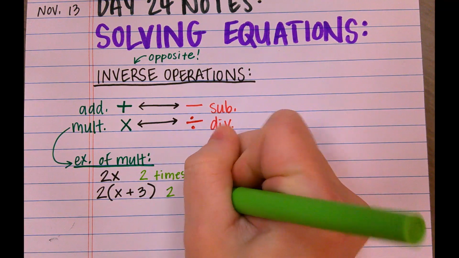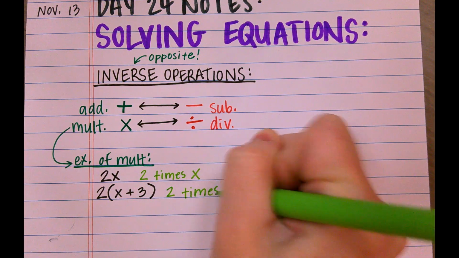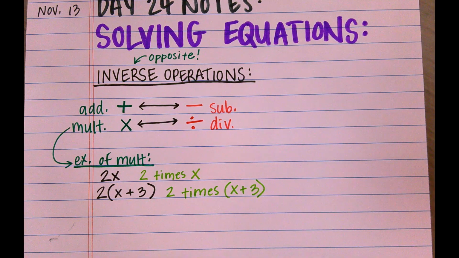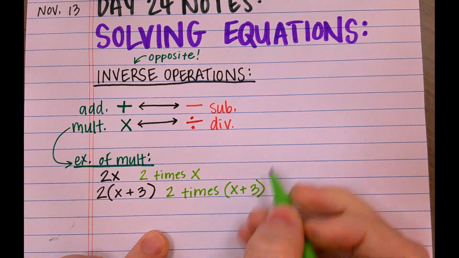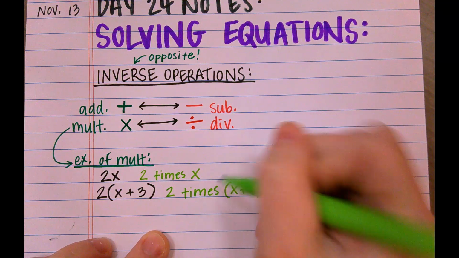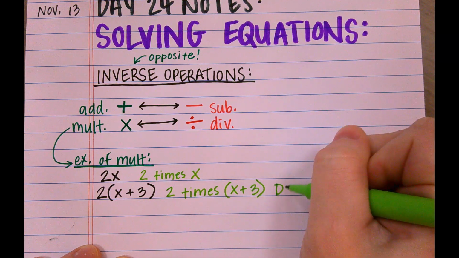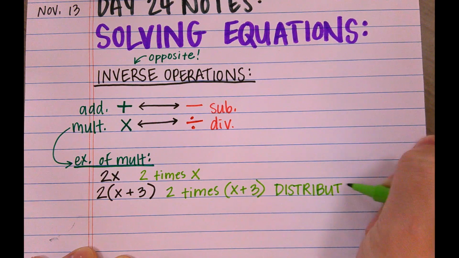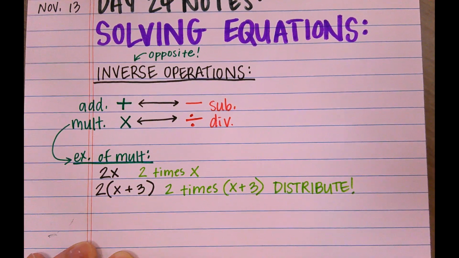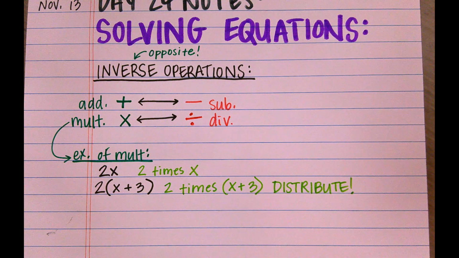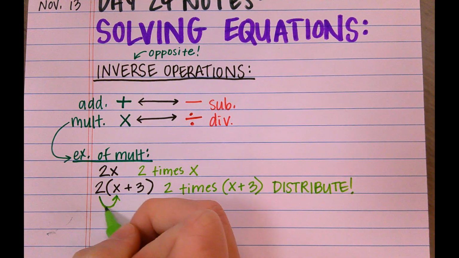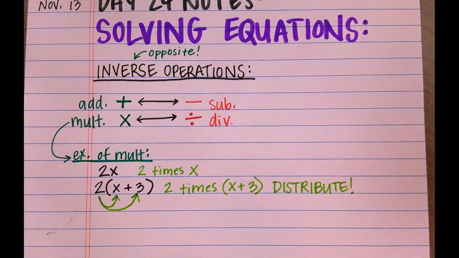This would be 2 times x plus 3. And that's happening, we're going to write distribute. So that's where we draw those arrows. We multiply by both things in the parentheses.